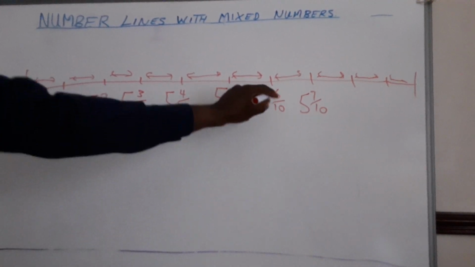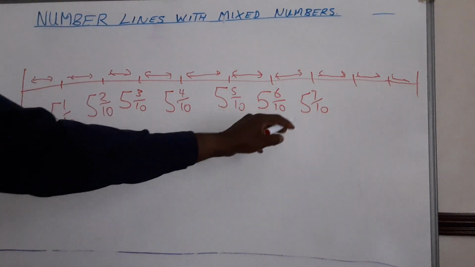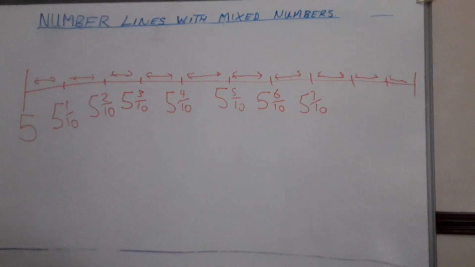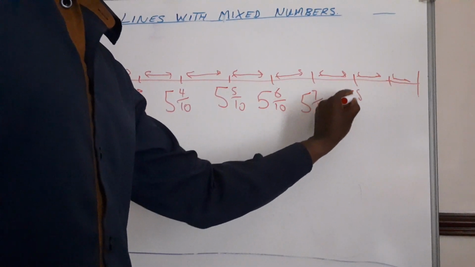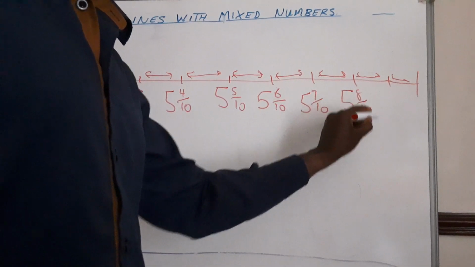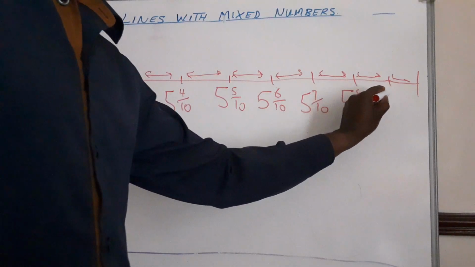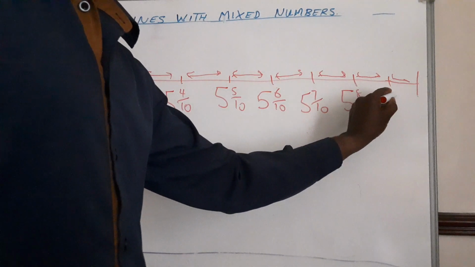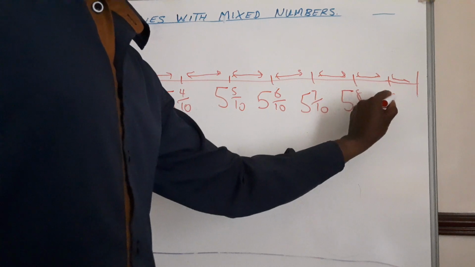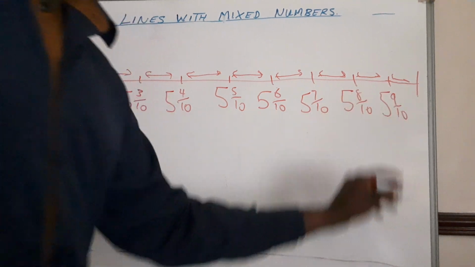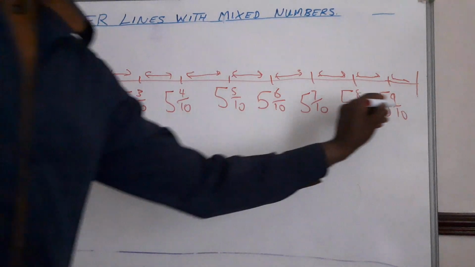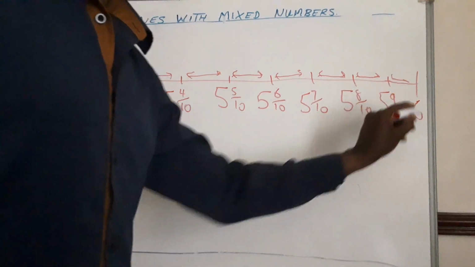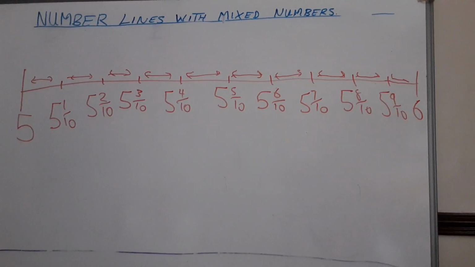Then we have 5 and 6 tenths, 5 and 7 tenths. And the next one is going to be 5 and 8 tenths, 5 and 9 tenths. And guess what the last one is going to be? Well, your guess is good. It's going to be 6 whole number.